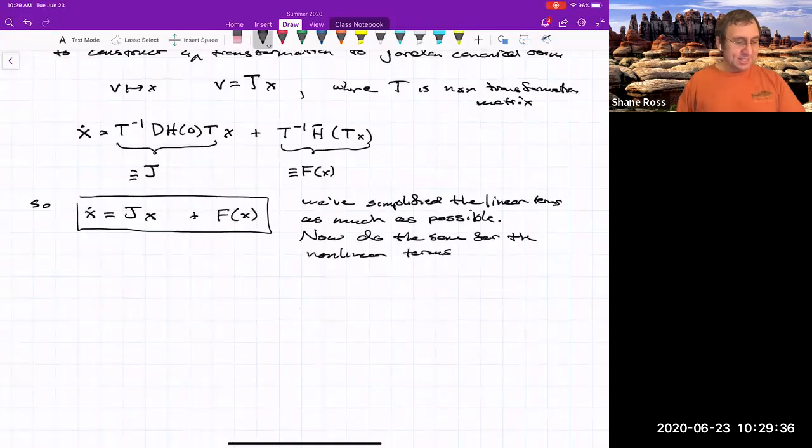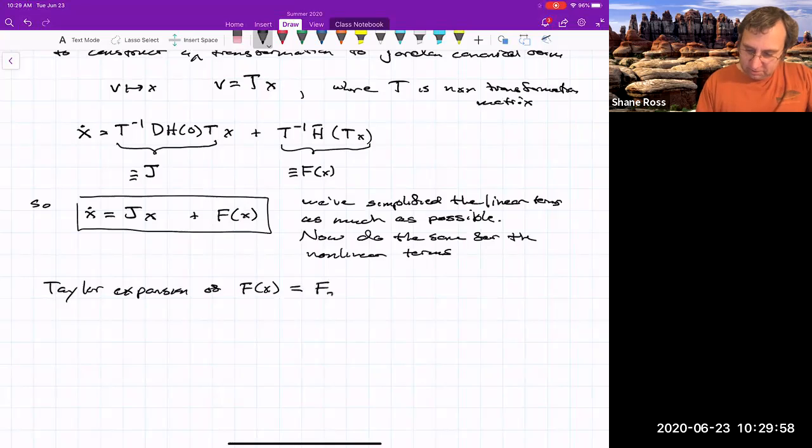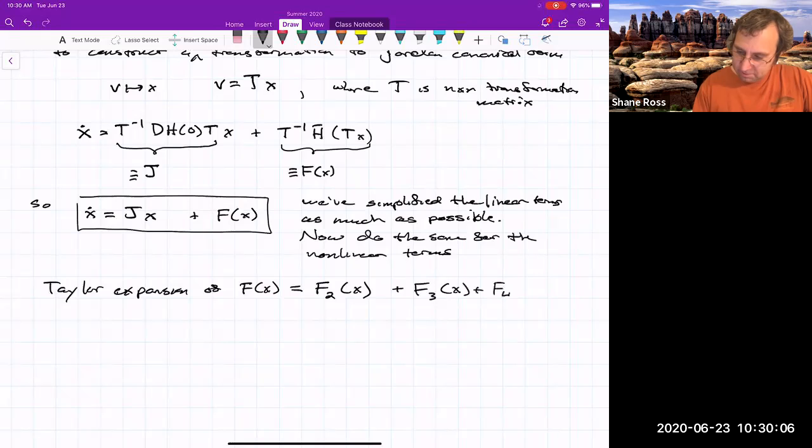So what we do next is we Taylor expand f of x, basically splitting off everything that's second order, everything that's third order, and so on, so that we could treat them in sequence. So we've got terms that are purely second order, terms that are purely third order, terms that are purely fourth order, and so on. What do I mean by that?